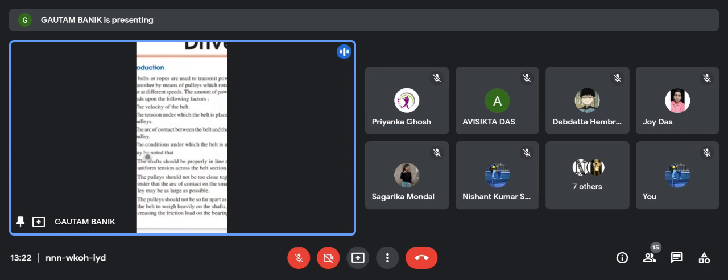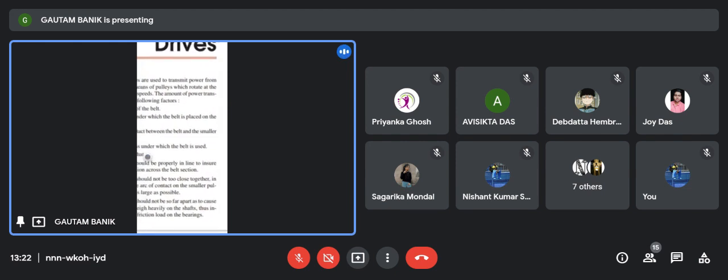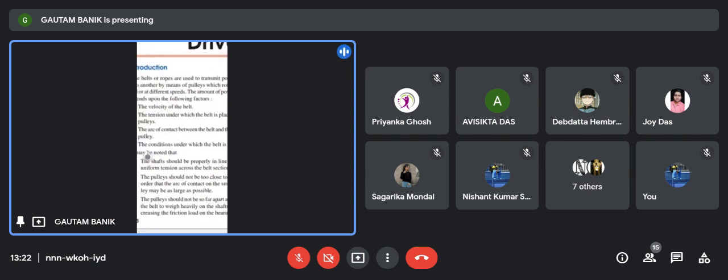The pulleys should not be too close together. Two pulleys are kept at a certain minimum distance. When the distance between the two shafts is short, we can use the chain drive or the gear drive. But if the distance is large, then we can use the belt drive.